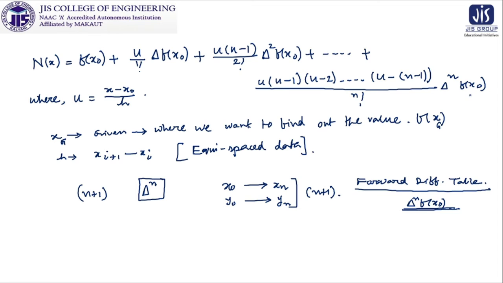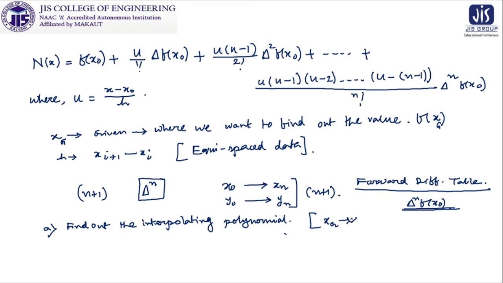So before going into any example, I just want to mention one thing. There are two patterns. First one is to find out the interpolating polynomial. In these types of problems, obviously xg will not be provided, so our answer will be a polynomial of degree n.